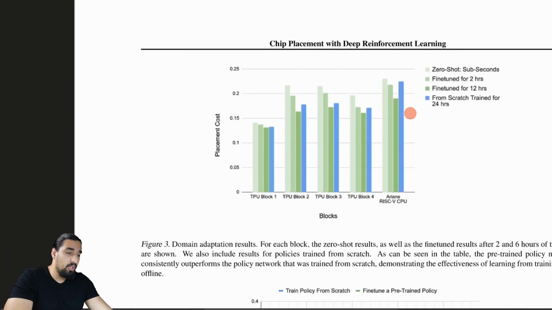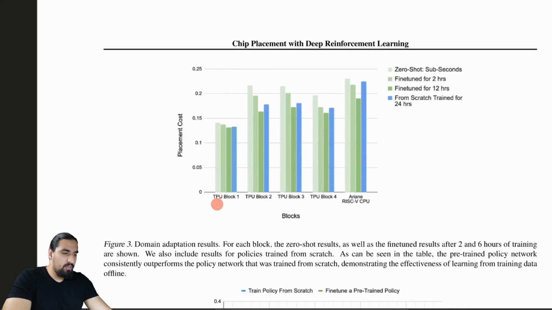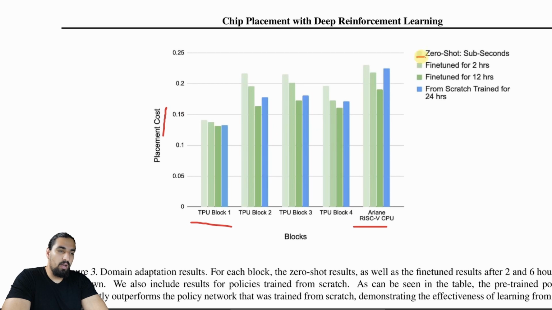Let's see the final results. On the x-axis, we have different TPU blocks. They have block 1 through 4, and this open source RISC-V CPU chip. And you can see here the placement cost. So you want to have as low of a cost as possible. Zero shot basically means that they don't fine-tune.